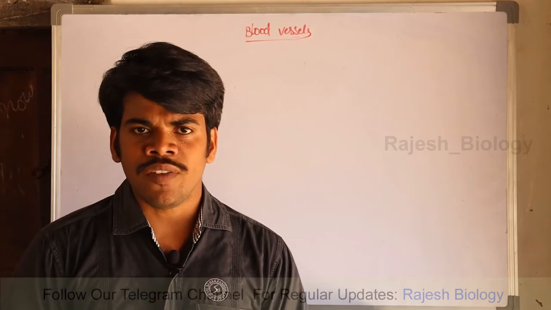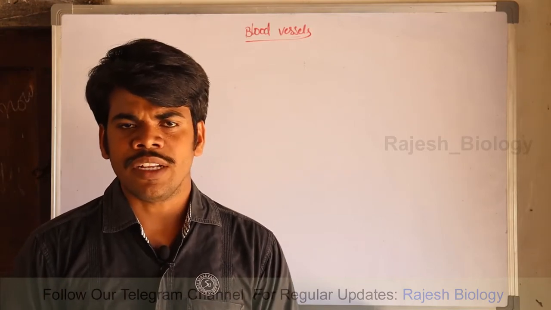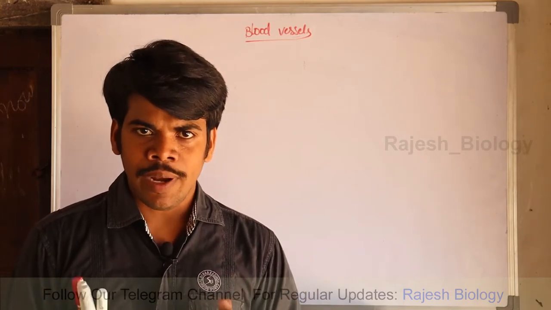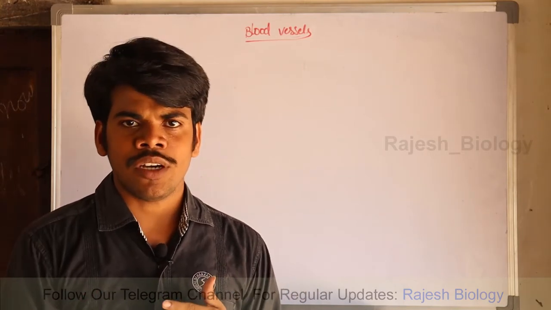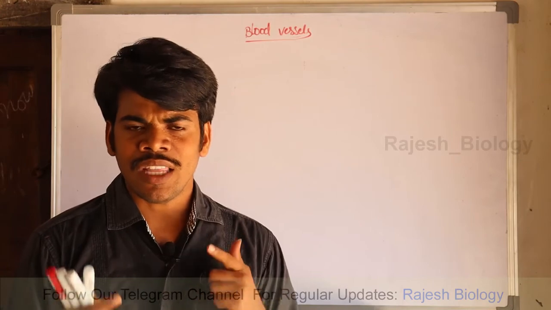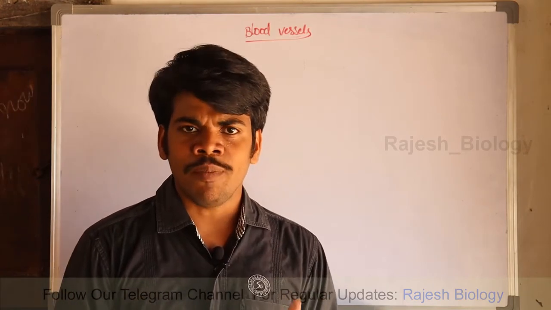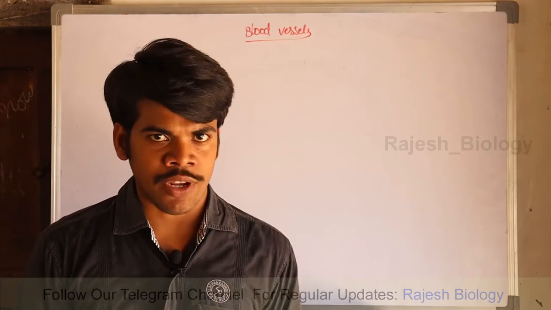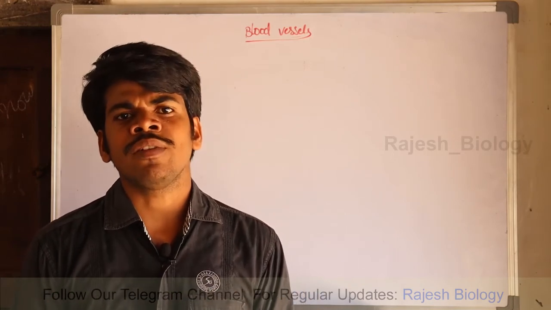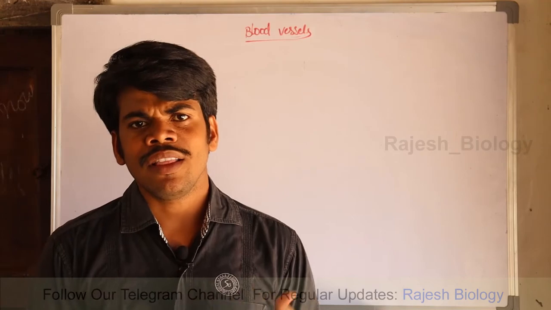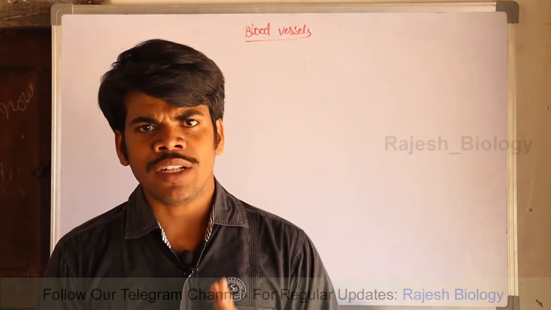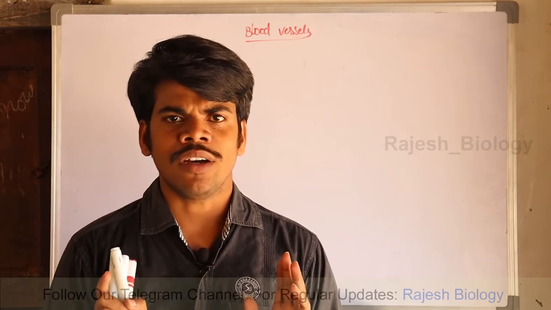So what is the good definition for this time? The blood vessels which carry blood away from the heart are known as arteries, and the blood vessels which carry blood towards the heart are known as veins, either pulmonary or systemic, whatever it is. For example, pulmonary veins carry blood towards the heart, and systemic veins also carry blood towards the heart.